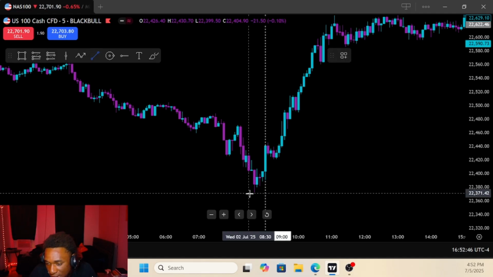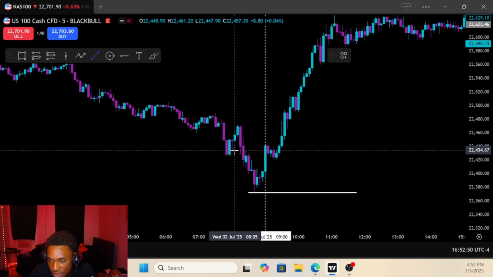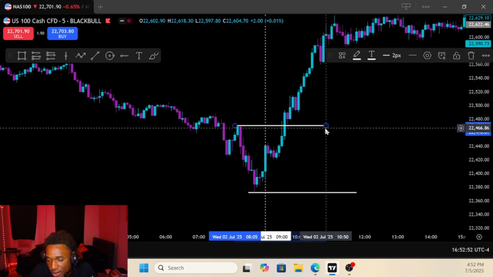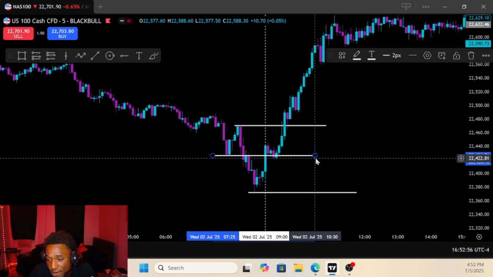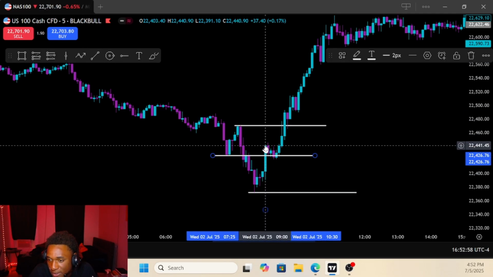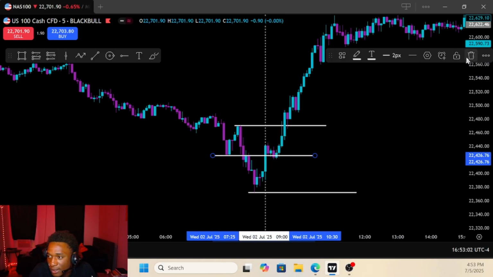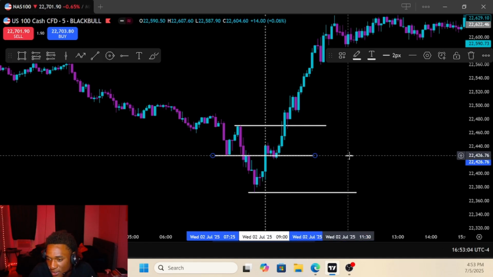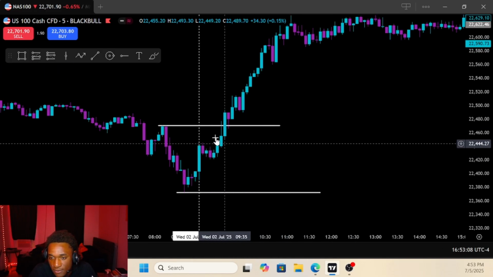So boom, we got support at this low, right? And recent resistance would have been right here. We also have this support level, which was resistance at the time until the 9 a.m. candle broke above and then respected it as support. So we don't really have to worry about that. You could mark it out as a mid level, but I just didn't. So yeah, this would have been our setup right here.